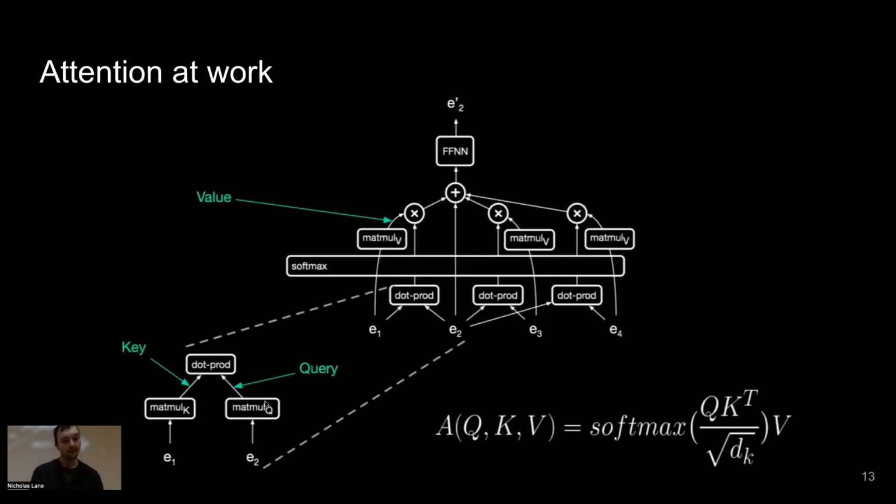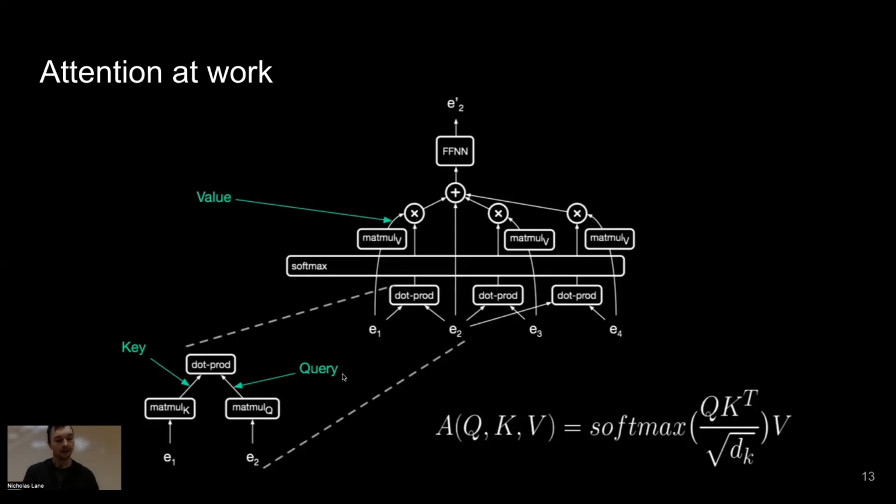And what we see here is that we're doing two things. In this line here, we're updating our internal representation of E. And then on the left-hand side, we have this thing called query, key, value.